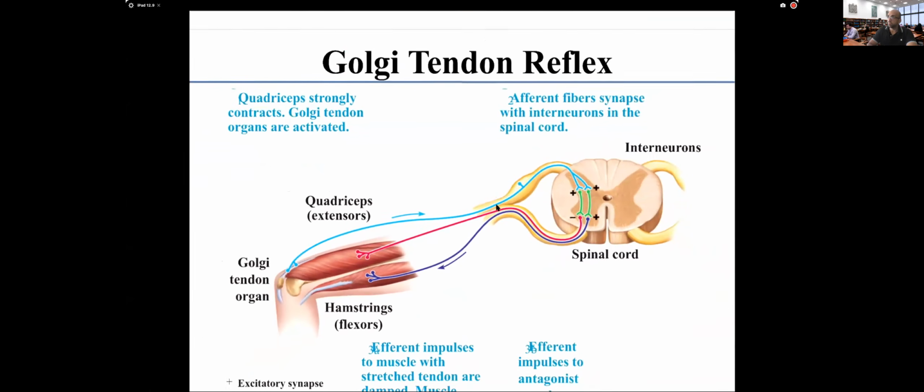Golgi tendon reflex. Golgi tendon reflex is the same concept, but here I am not just performing stretch of the quadriceps. That's why I will be contracting. Rather, I am causing the stretch of the Golgi tendon organ. Here, I'm performing extension or stretch of the tendon itself, not the actual muscle.